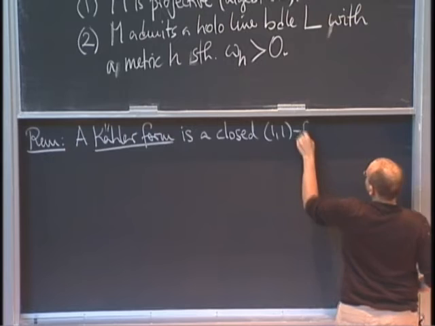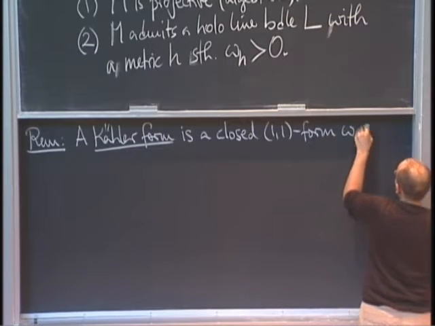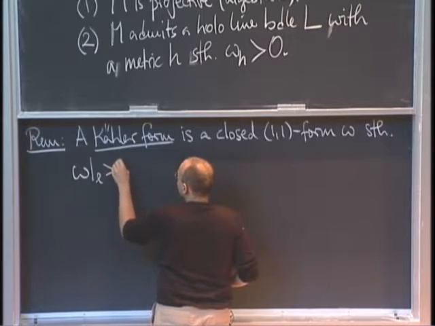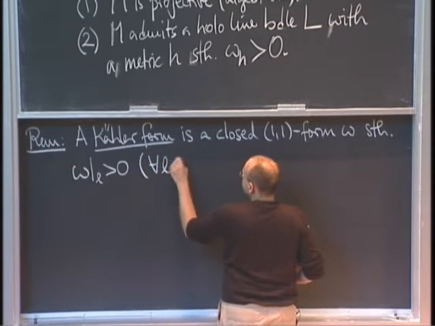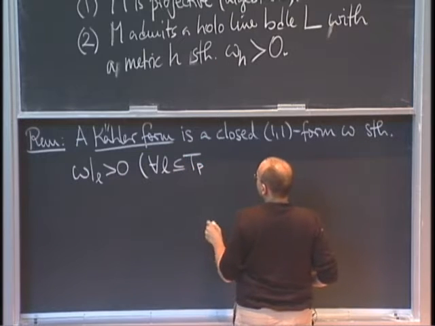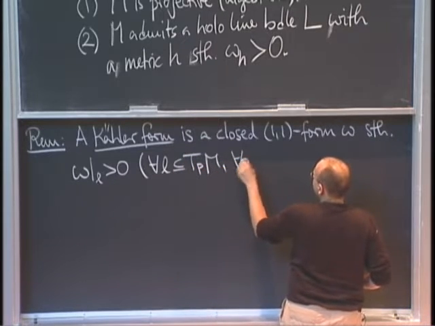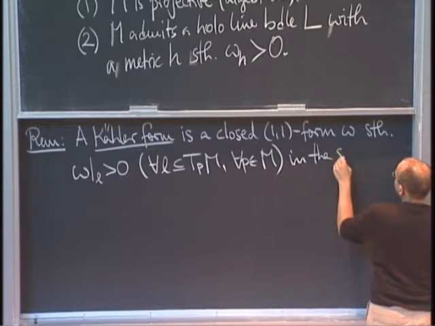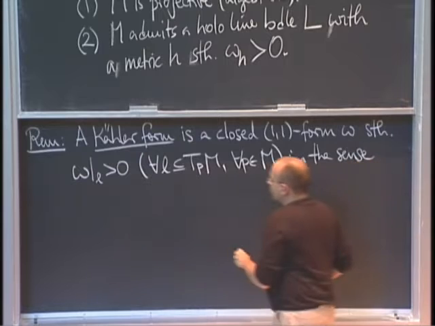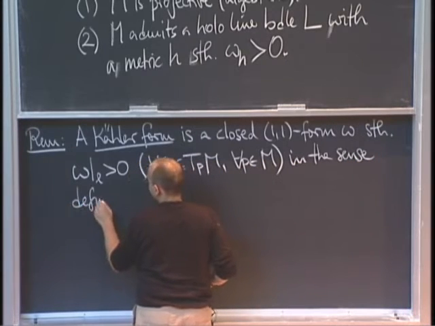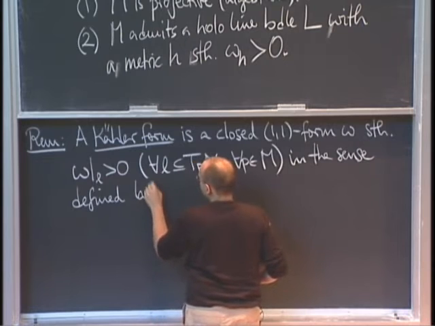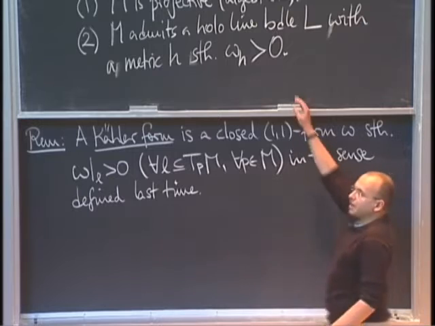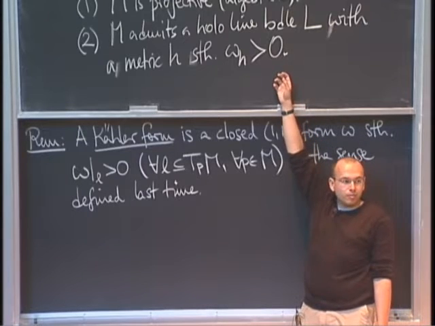Closed 1-1 form, omega. So certainly any omega_H like this is going to be a Kähler form.